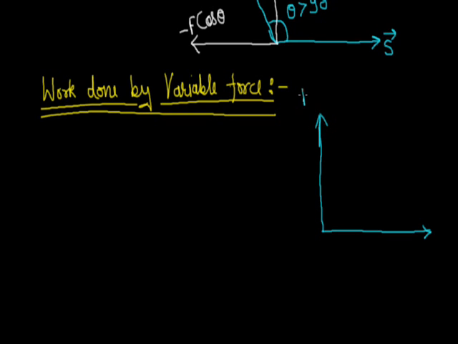Let force F be a function of x, where x is displacement, and this force is variable, so we get a graph something like this. To calculate the total work done by this force, let us divide the total path into small elements like this.